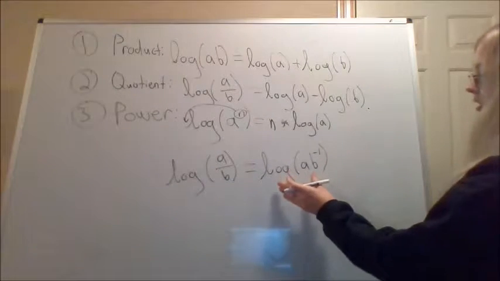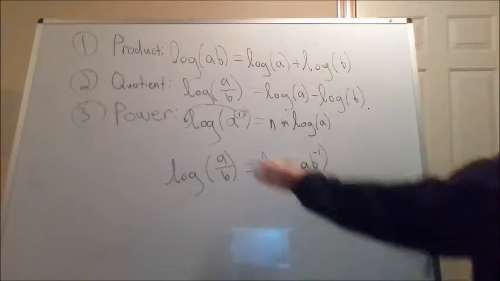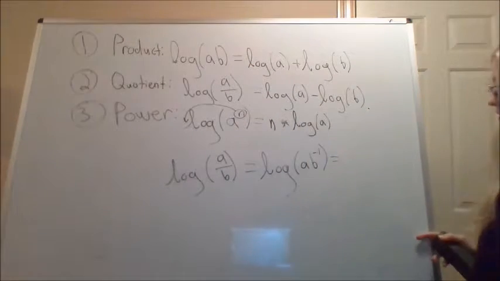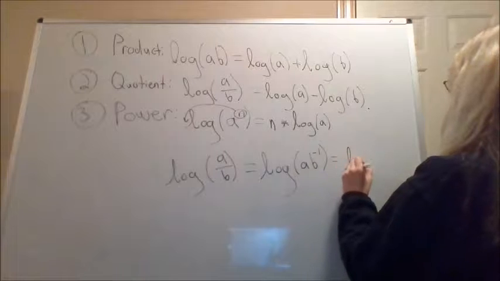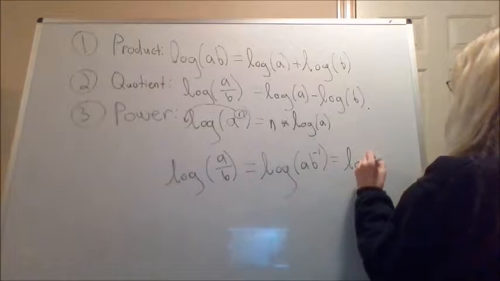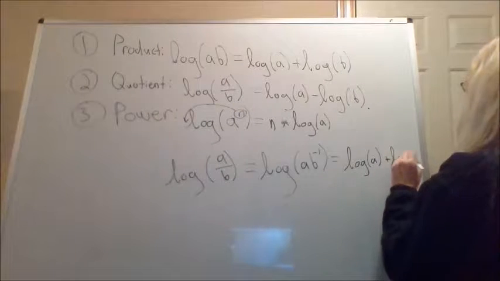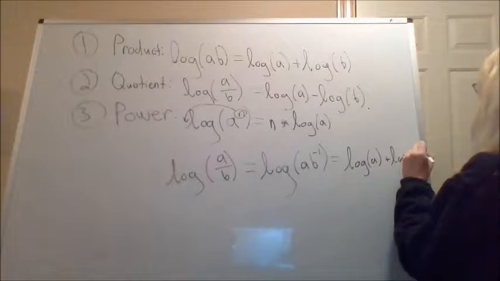And then from here, we can use the product rule to split the a and the b to the negative first up. So log of a plus log of b to the negative first.